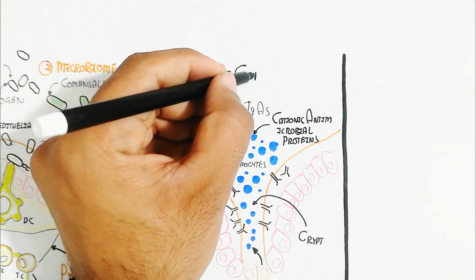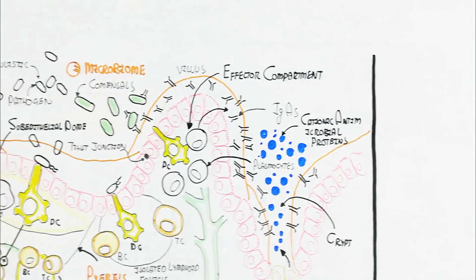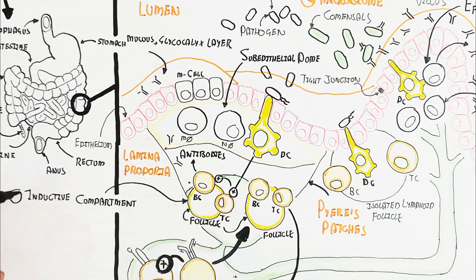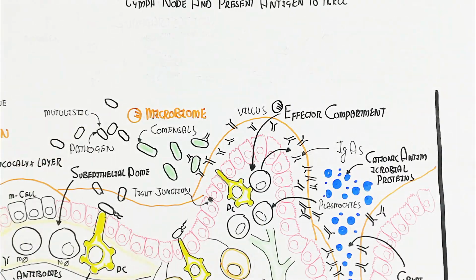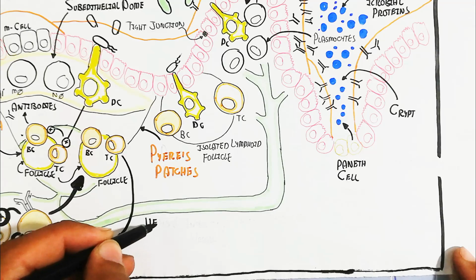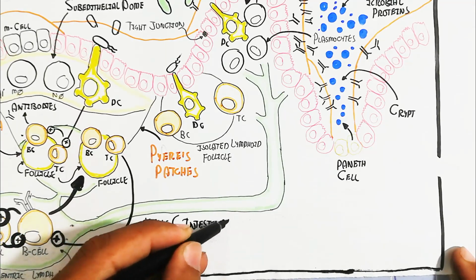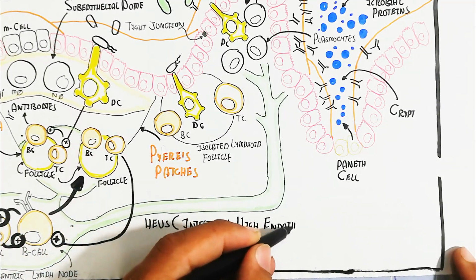Anyhow, the effector compartment is this, while the inductive compartment is this. In this way, the effector compartment produces a lot of antibodies through plasmocytes or plasma cells after the proliferation of B cells.